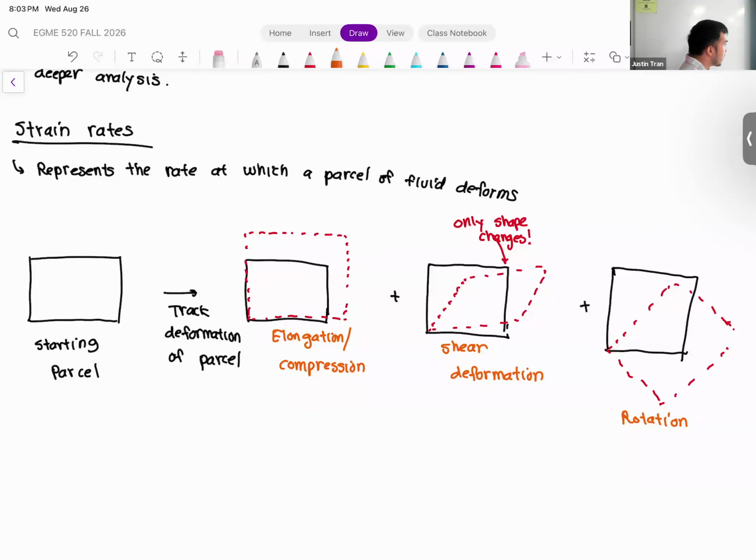So fluid parcel deformation. The way that we quantify it is we use what's called the velocity gradient tensor.